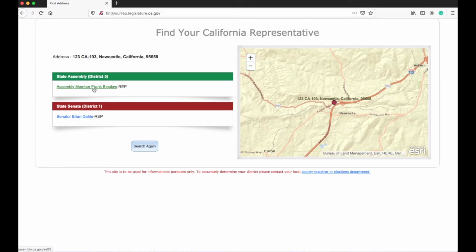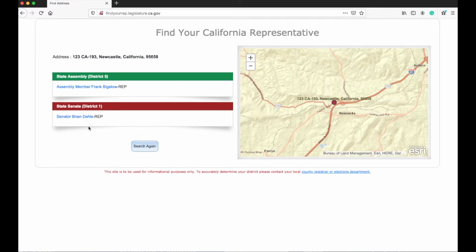Now, if you look at Frank Bigelow's district, you're going to find that his district is smaller and represents fewer people than Brian Dahle's office. Brian Dahle is a state senator, so he represents about twice as many people as the assembly member in the same area. Now, their districts aren't exactly lined up. Obviously, the Senate districts are larger, but they don't just take two assembly districts and throw them together and make one larger Senate district.